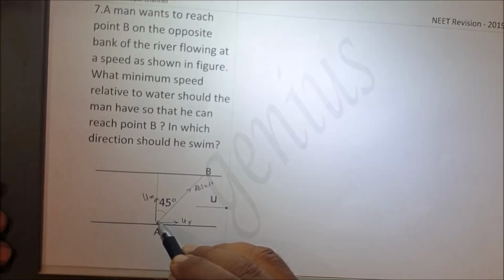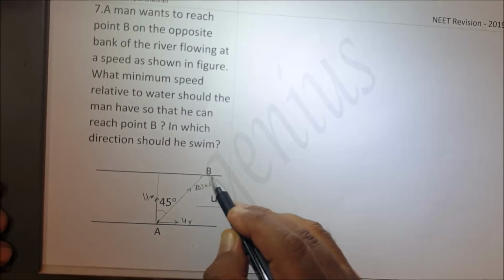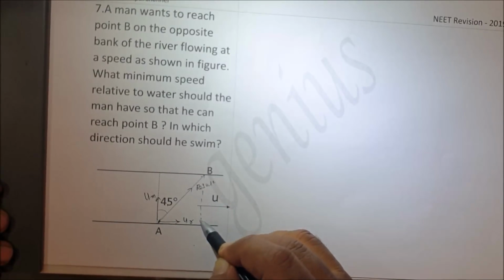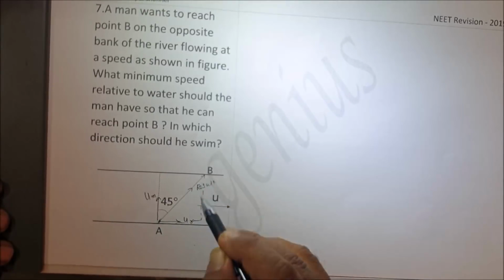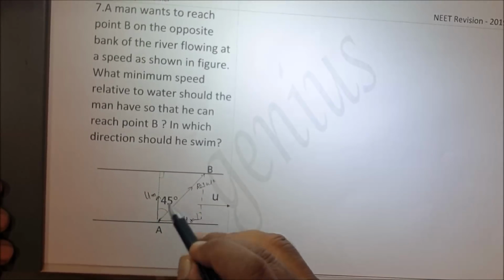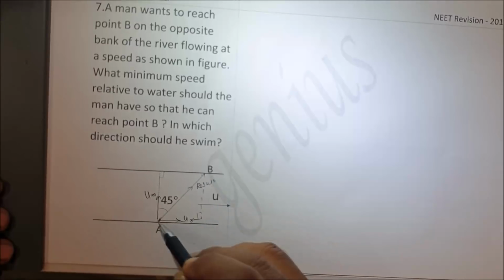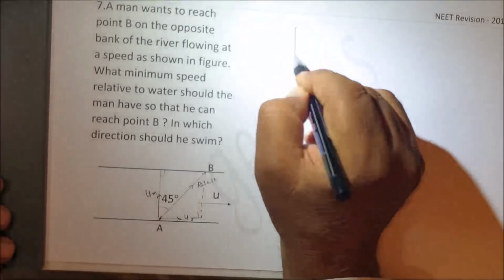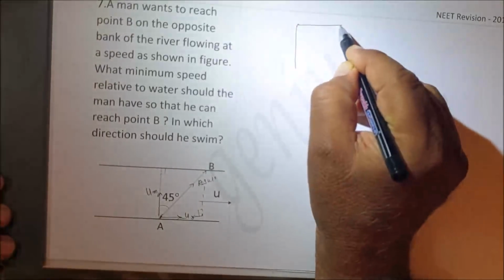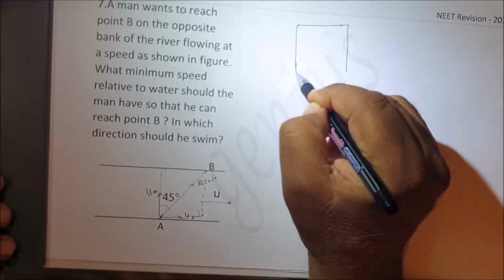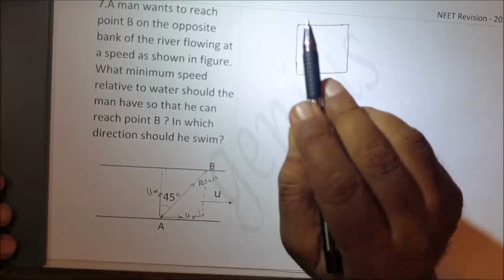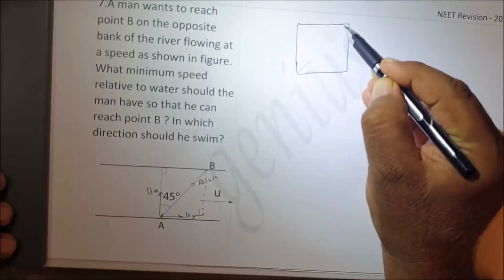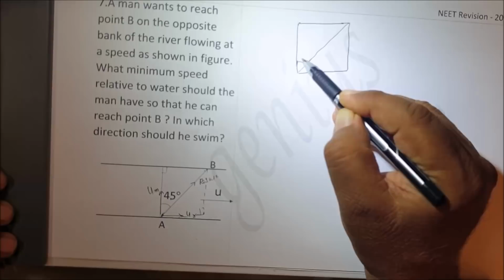This 45 is just in between. If I add it from here, this is 45, 90, 90. So it becomes a square like this. Only in the square this angle is 45.